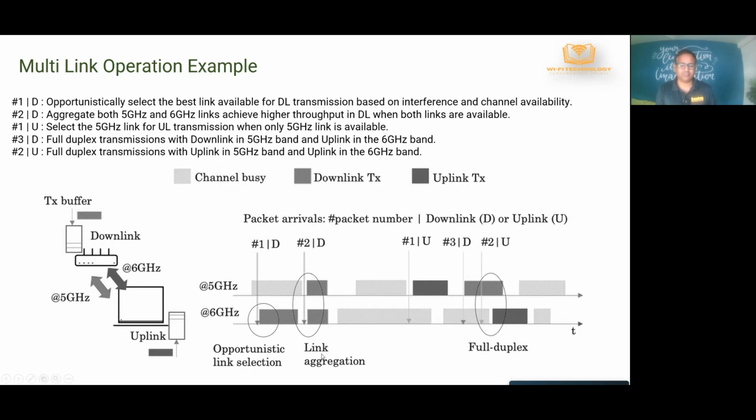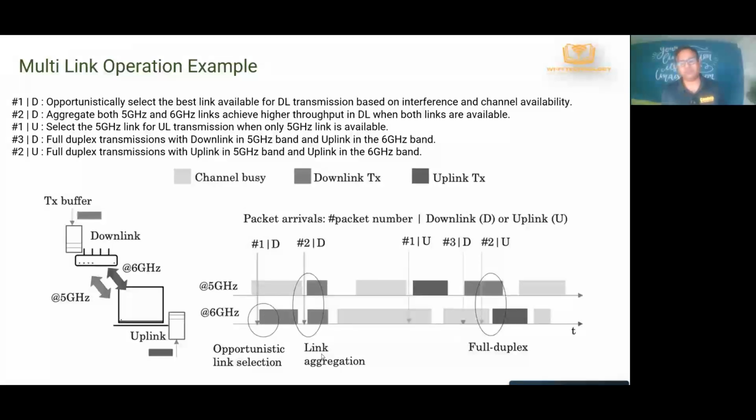Link aggregation, which is number 2 here, is another method. Now you can say, I am going to take the data that I want to transfer from the AP, and I'm going to send some of the data in 5 gigahertz and the remaining data in 6 gigahertz simultaneously. So now you're aggregating the 5 gigahertz link and the 6 gigahertz link, and you're getting more throughput. So link aggregation is one method for MLO. And then there is also a full duplex method where you can do simultaneous transmission and reception.